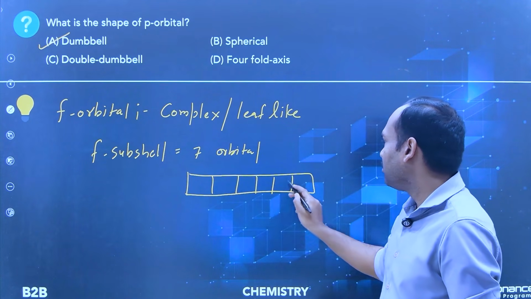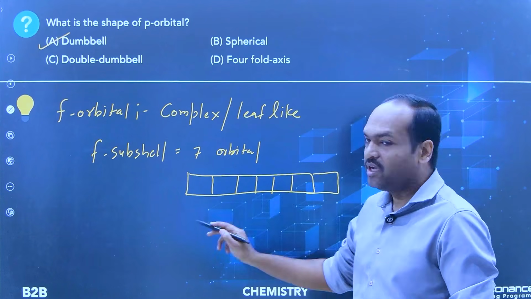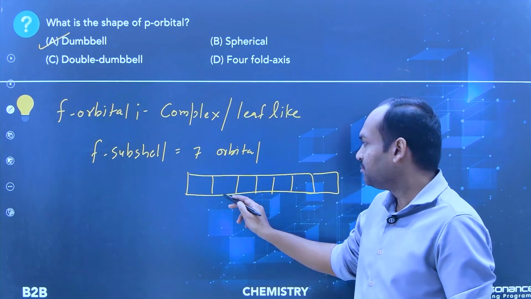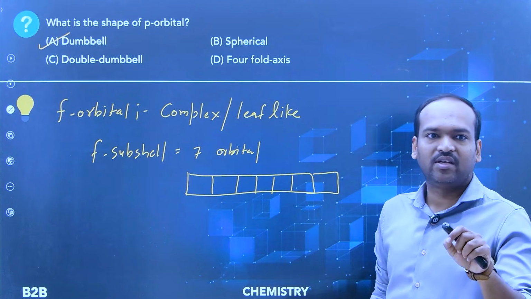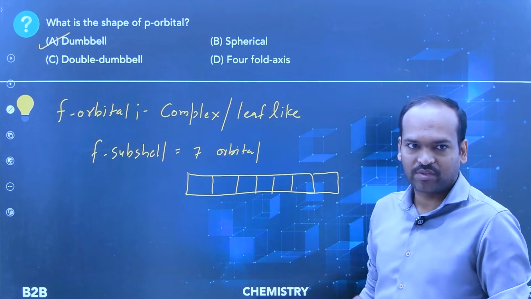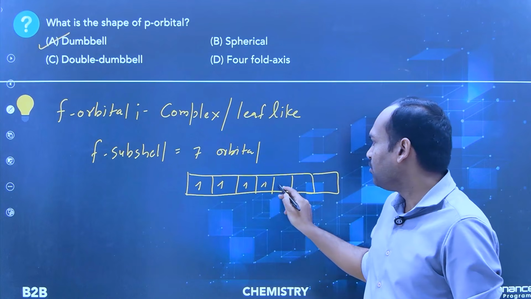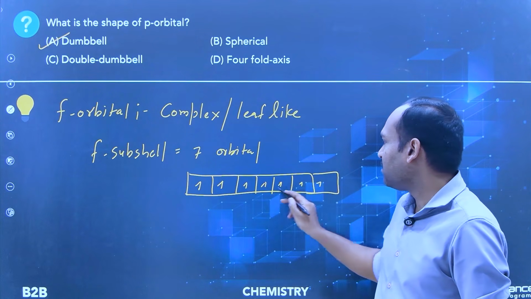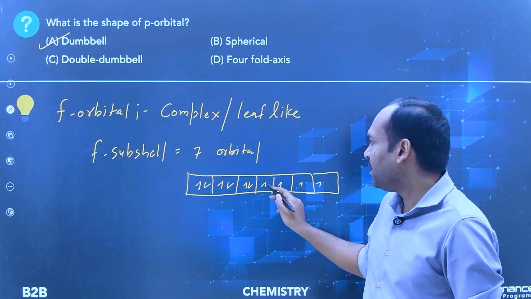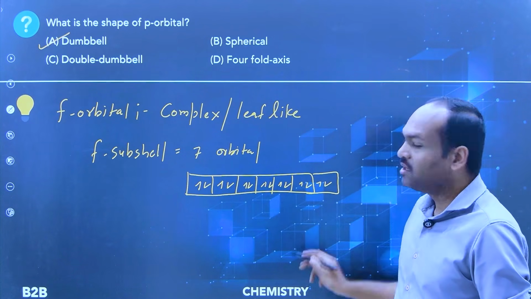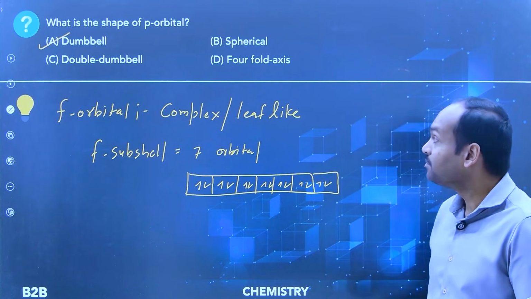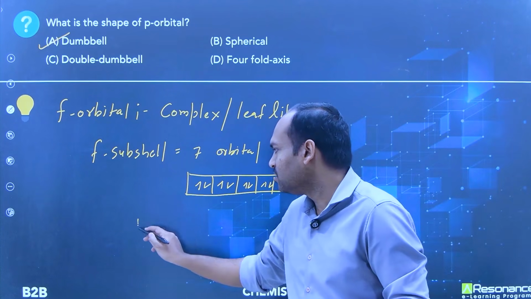Today also I'll send this PPT in the chat box. So 7 orbitals, 14 electrons maximum.